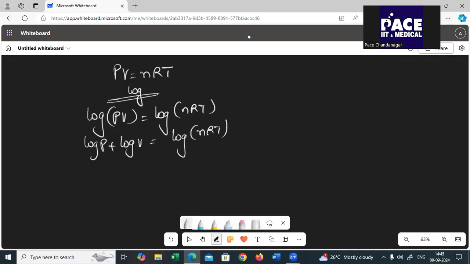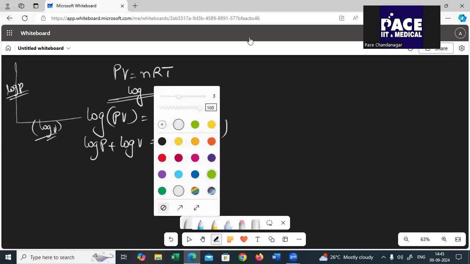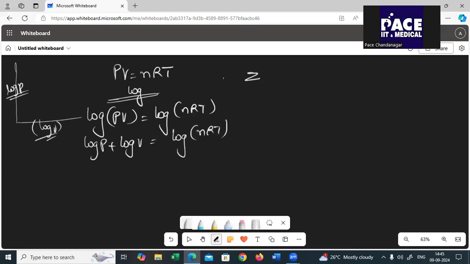This is the log P and log V graph, and it has some deviations to be observed. Now Z stands for the compressibility factor. Z is equal to PV by nRT, which is the slope of the graph.